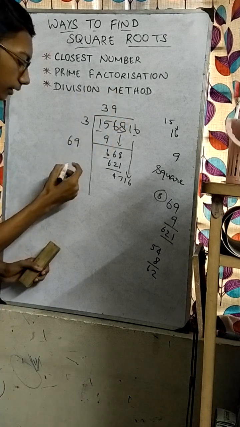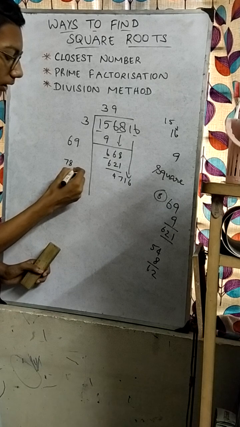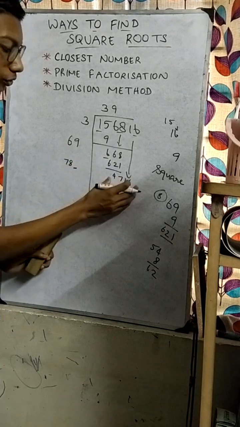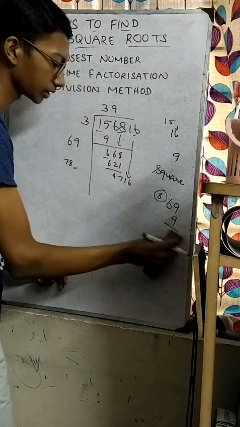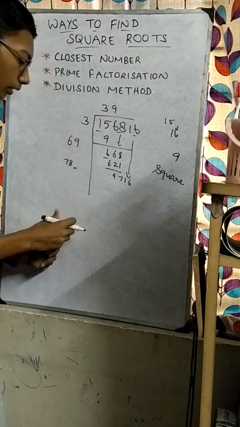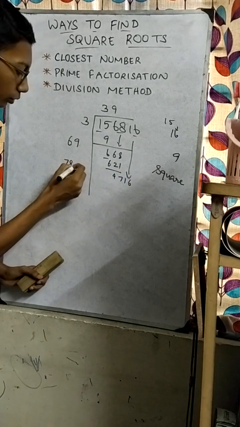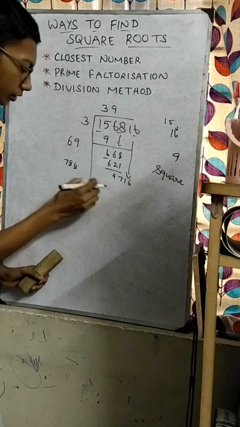Again the same thing. Double 39 and write 78. Again we need to put one number here that we multiply with this to get this number or closest to it. In this case 780-something is the number we want. Because there is 47 or so, we need to put 6, because 6 times 7 is 42, that is closer to this number.